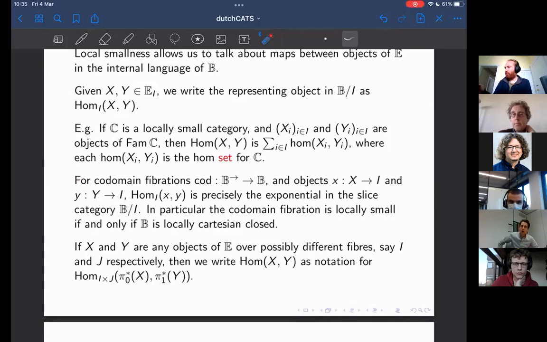So if you have two set indexed families, then we have a hom set from each x_i to y_i, and hom_I is just the coproduct of all of these hom sets.